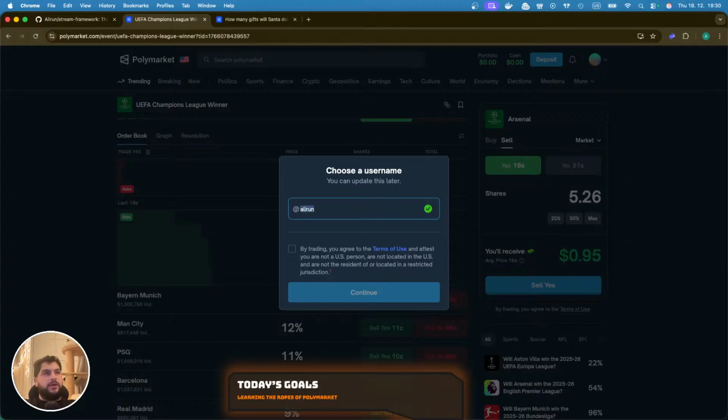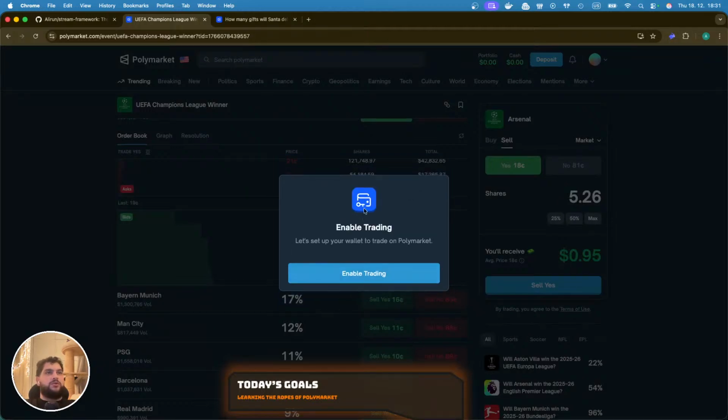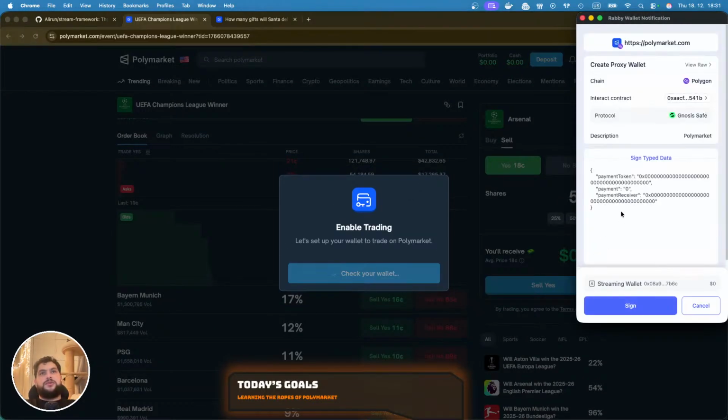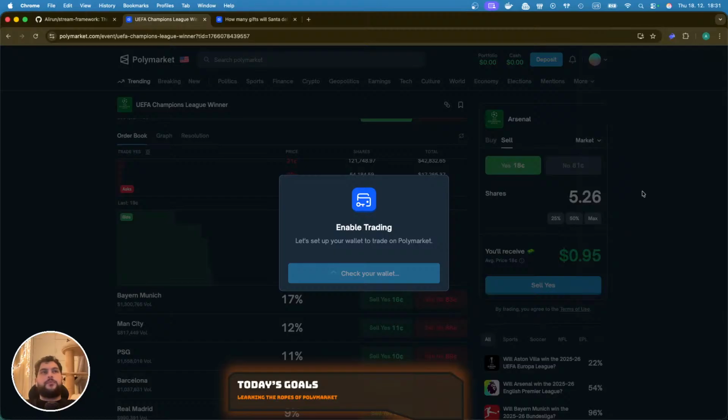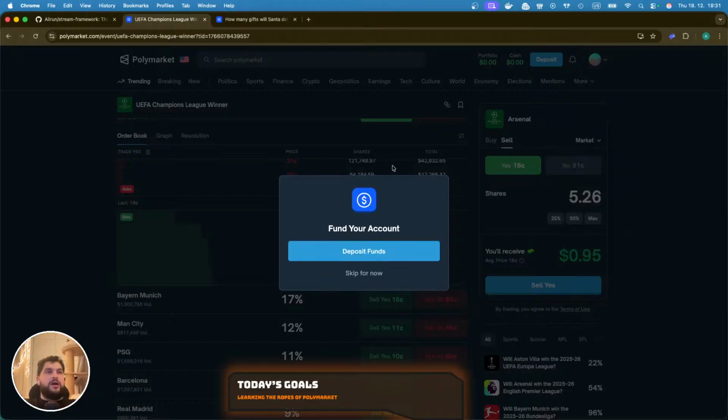Oh my god, I have to take it. But we are gonna use a different one for the stream. By trading, you agree to the terms of use. You're not a US person, not located in the US and not resident in a restricted jurisdiction. We're not. We will do email later. And let's enable trading. I don't know if we can. Yeah, I think we can just sign it. We will take a look at what's under the hood and everything. I really wonder how they do all this.